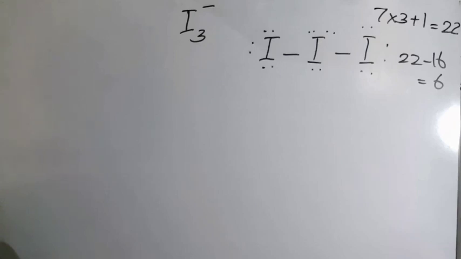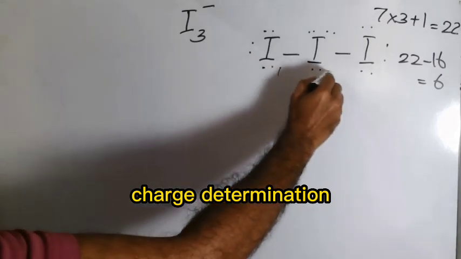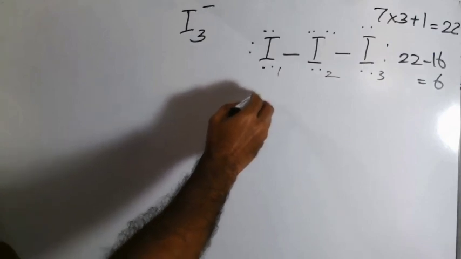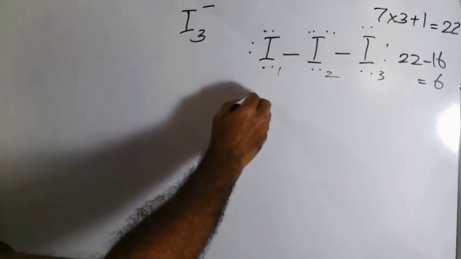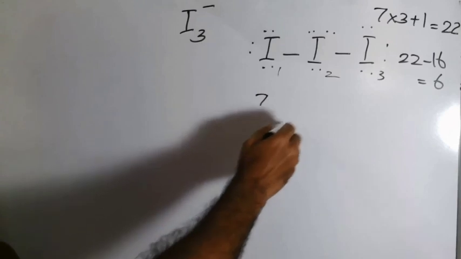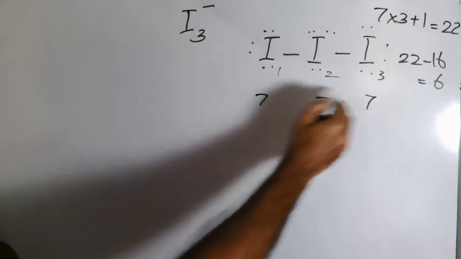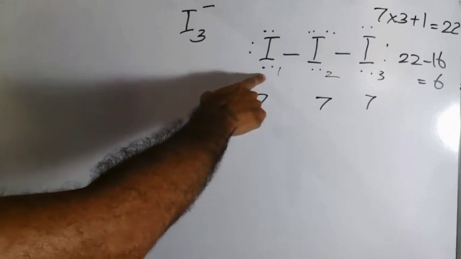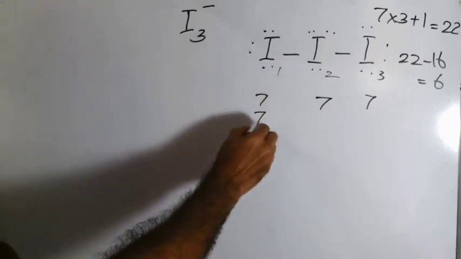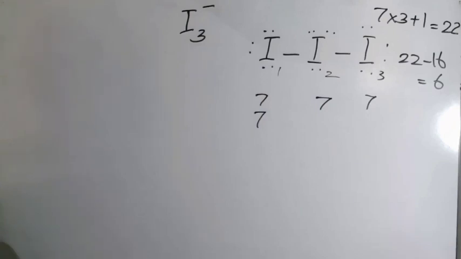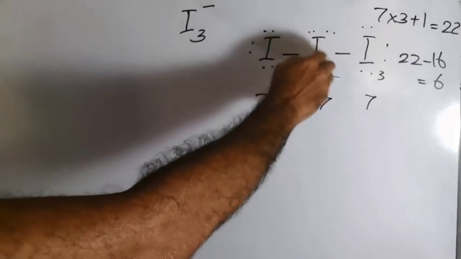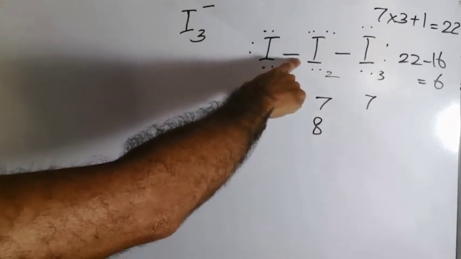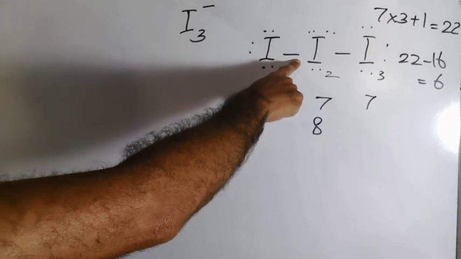So let us go into charges. I am putting numbers 1, 2 and 3. If we take iodine number 1, there are 7 valence electrons for each iodine atom. Now this iodine atom number 1 has 7 electrons belonging to itself. Here, of the 8 electrons, we should count only 1 electron from the bond.